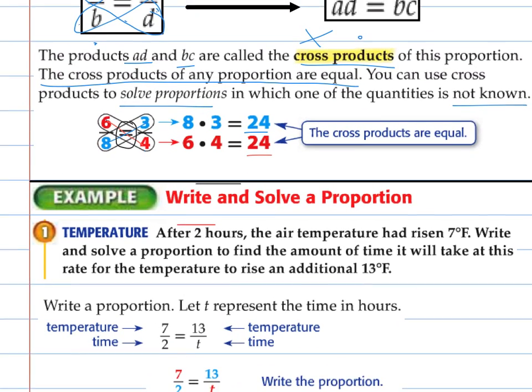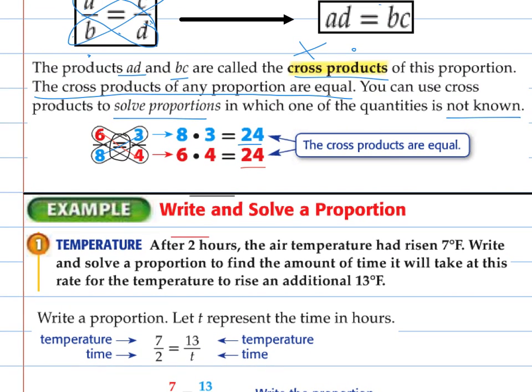So write and solve a proportion. Example 1. After 2 hours, the air temperature has risen 7 degrees Fahrenheit. We're going to write and solve a proportion to find the amount of time it will take at this rate for the temperature to rise an additional 13. So we're looking for the amount of time. So we have to figure out what we're given. We're given 2 hours, rose 7.